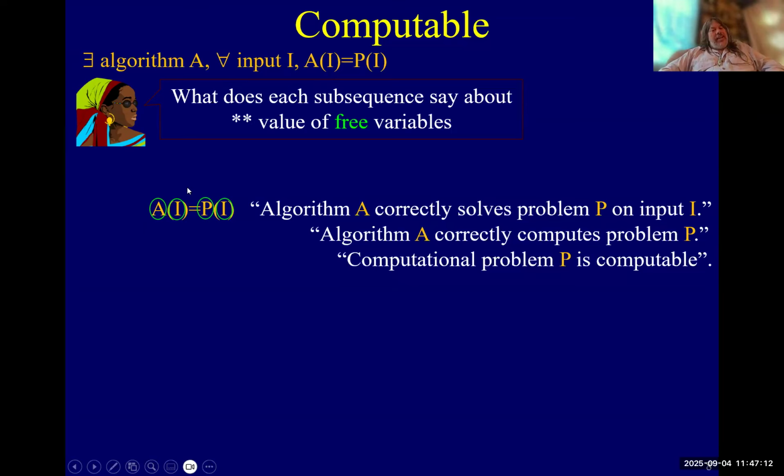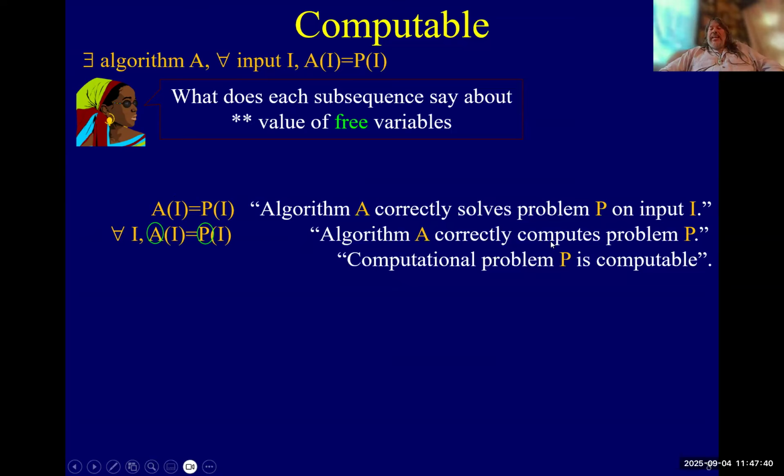So what does this statement say? It says algorithm A correctly solves problem P on input I, right? That's what it says. And then we can bring the for all in. Which I does it give the right answer for? Well, for all I's, it gives the right answer.